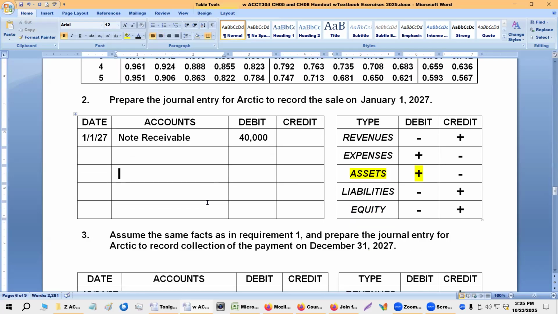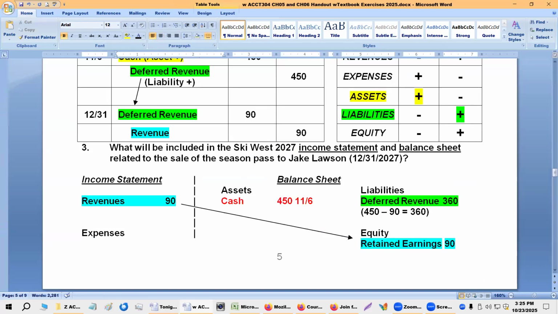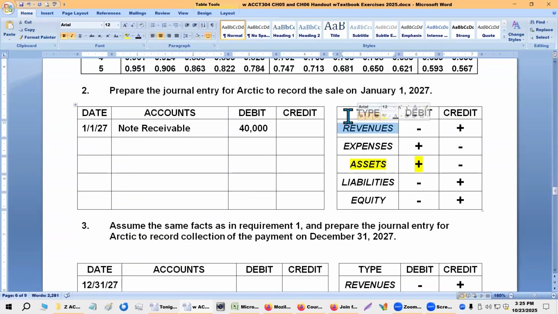And down here, the revenue recognized will be turquoise. The hard part about accounting, color coordinating all these.